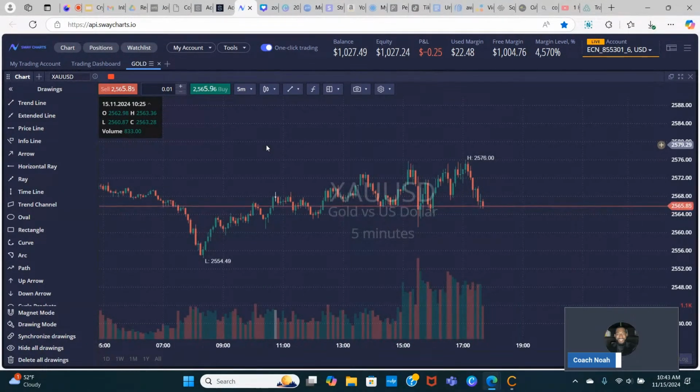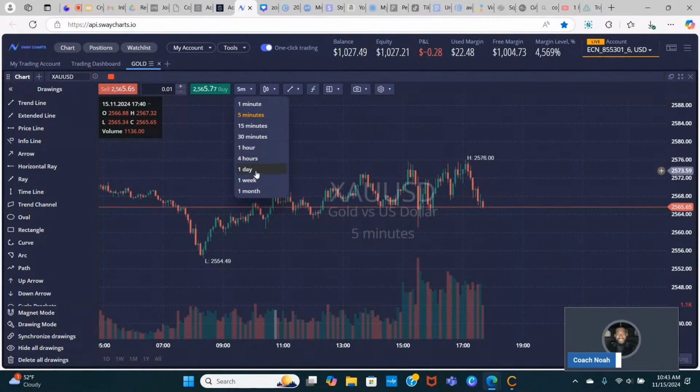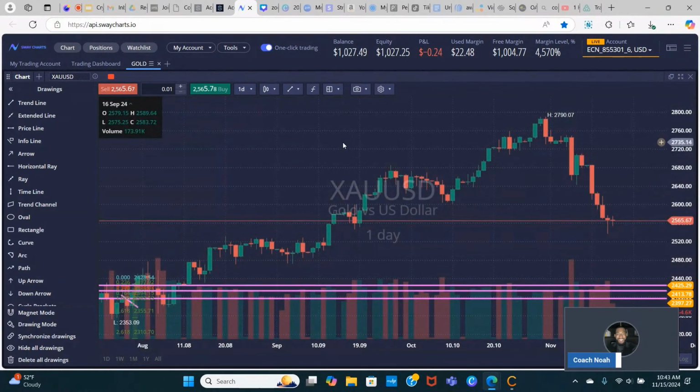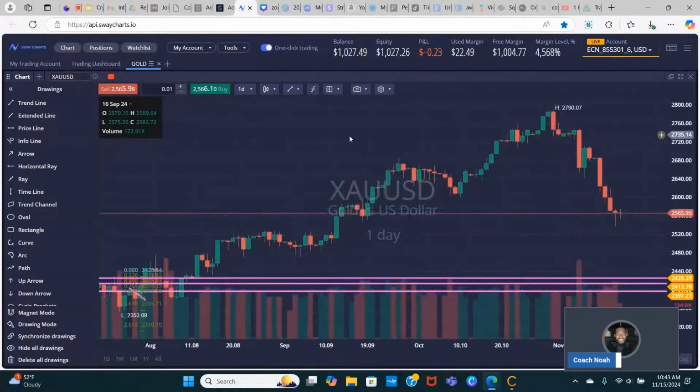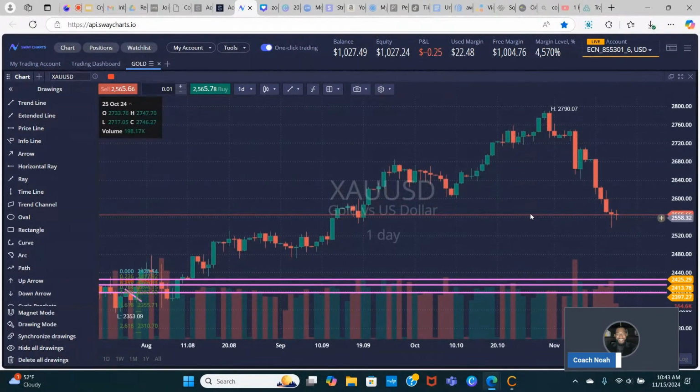All right, so first thing that you want to do once you're logged in, you want to back out to at least the daily. Okay. The reason why you want to back out to the daily is because you want an overall picture of what's going on, right? You can't really do that on the lower time frames. It just gives you just that little section, right?